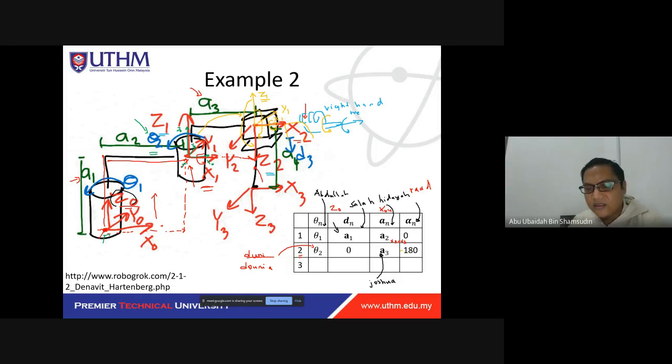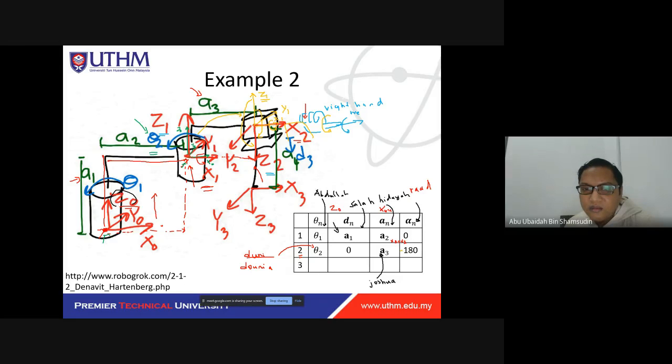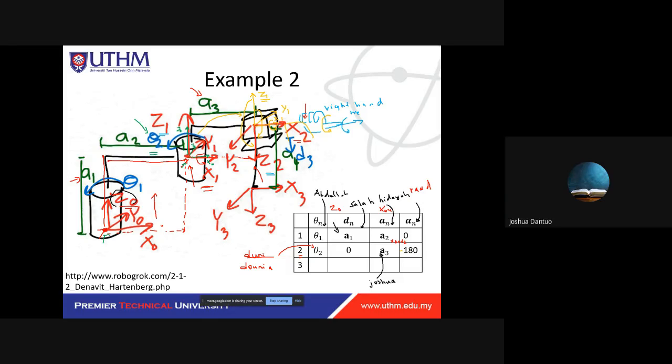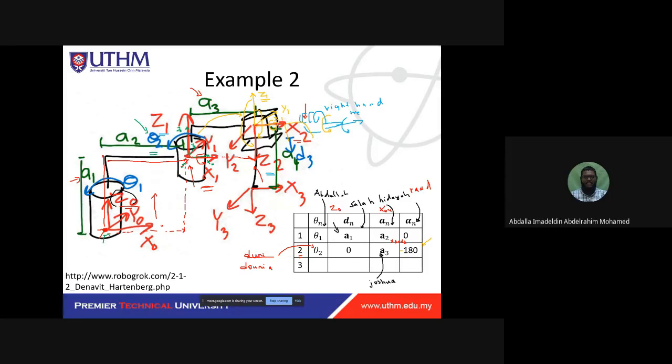Actually, it's okay, because we will be using, in the counterclockwise direction, if for positive 180 degrees we can use negative 180 degrees, you will get the same value if you put it in your sine and cosine of theta. So this one is okay.